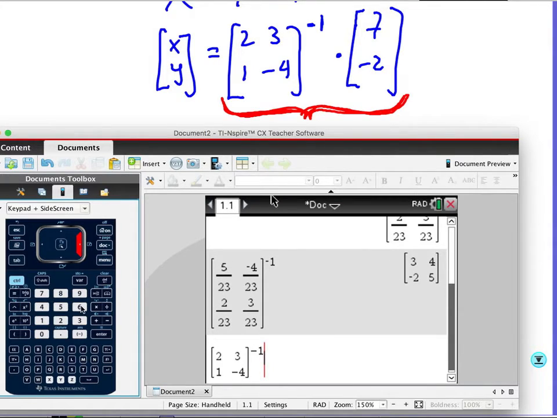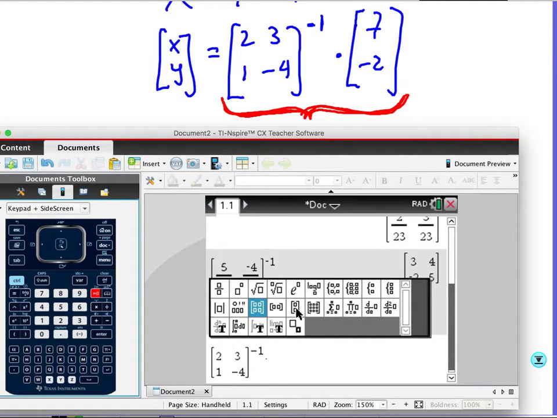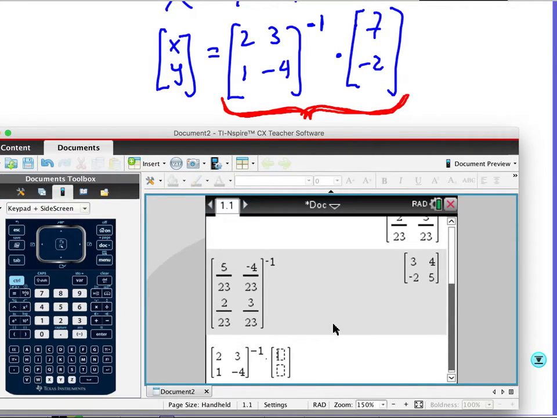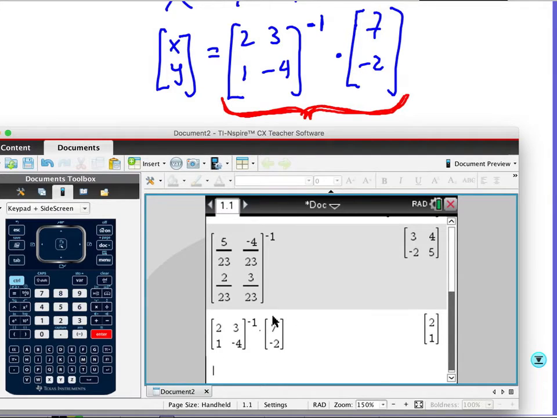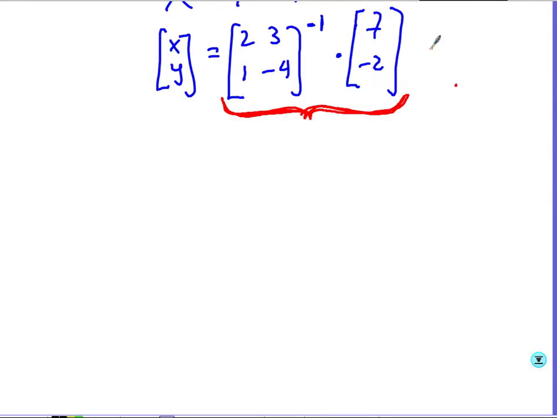And now I'm going to input, you don't have to put the multiplication, but you can if you want to, a shortcut for a 2 by 1 matrix, which is what I'm looking for. I'm going to put in my matrix B, which is 7, negative 2. Let's go ahead and hit enter and see what we get. 2, 1. So this is equal to a 2 by 1 matrix with entries 2 and 1.